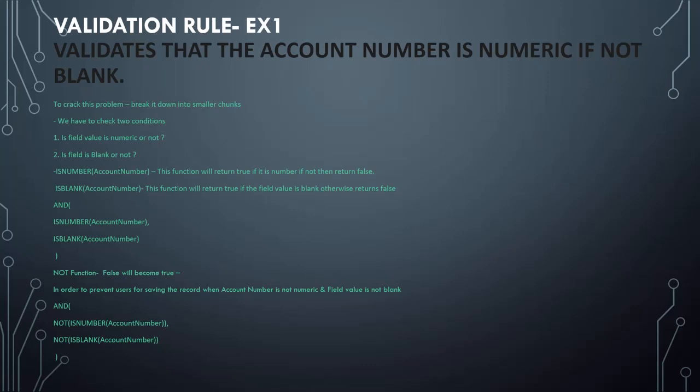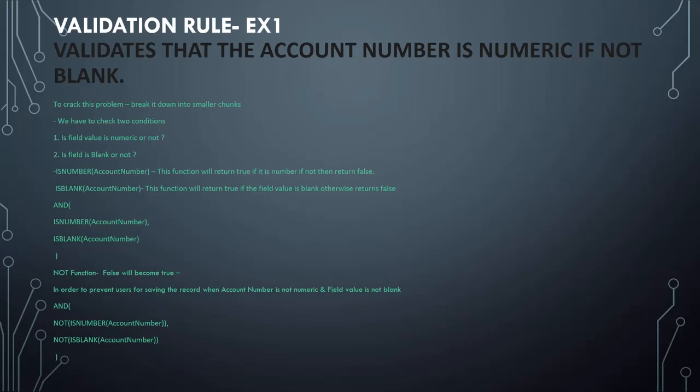This function will return true if the field value is blank. Otherwise, it will return false. Since we are checking two conditions, we have to use the AND operation. If both conditions return true, then the AND operation will return true, right?